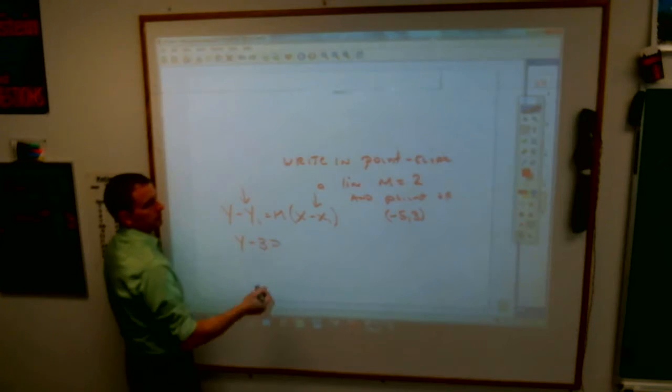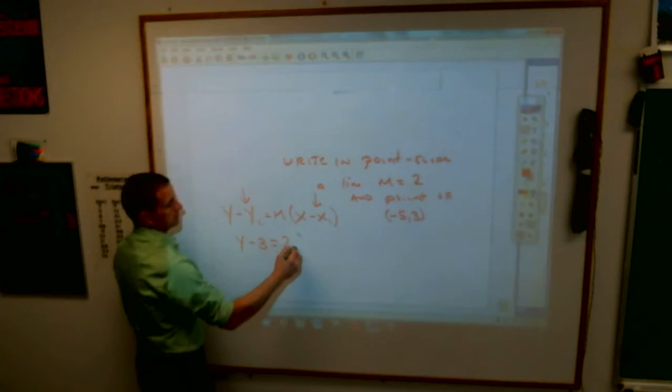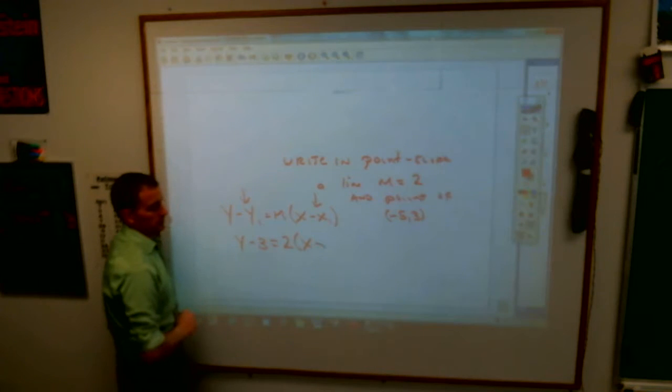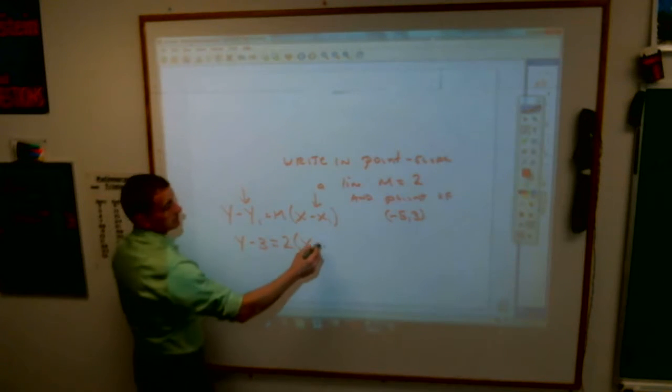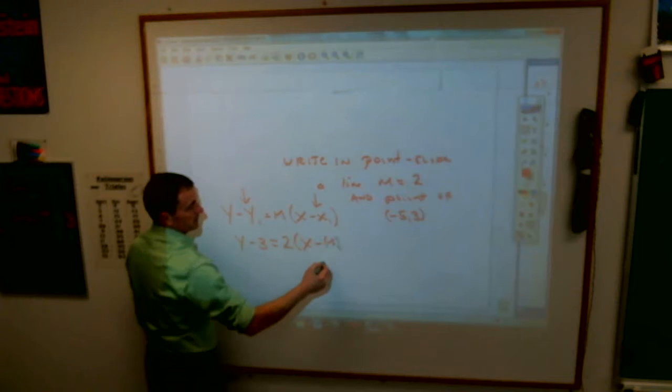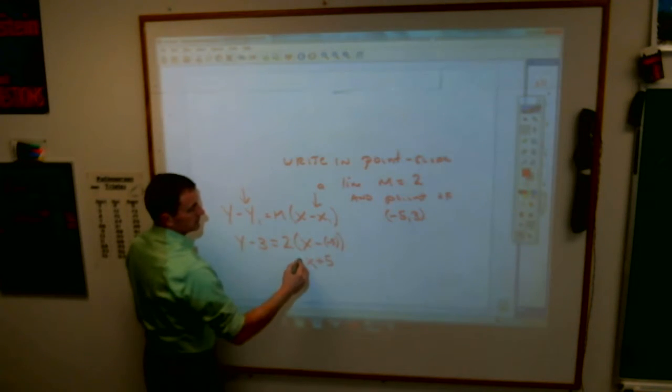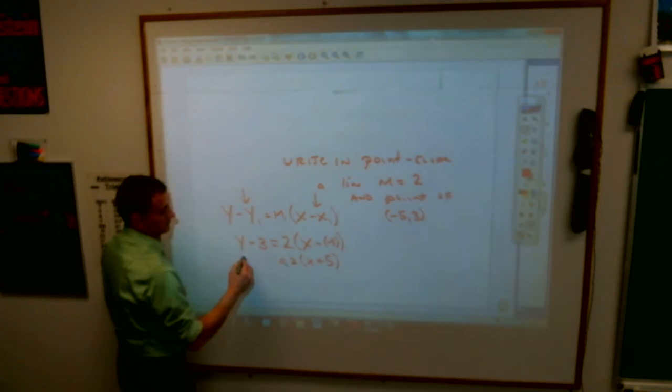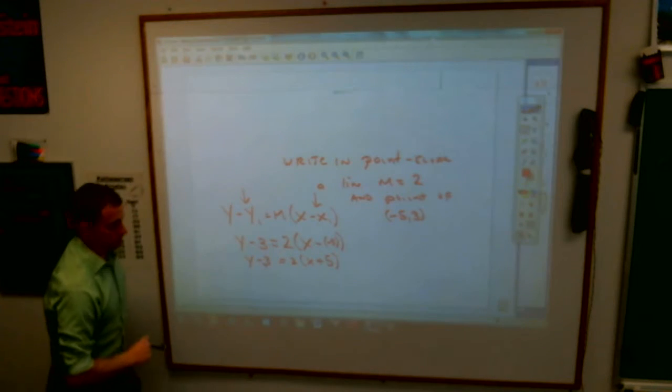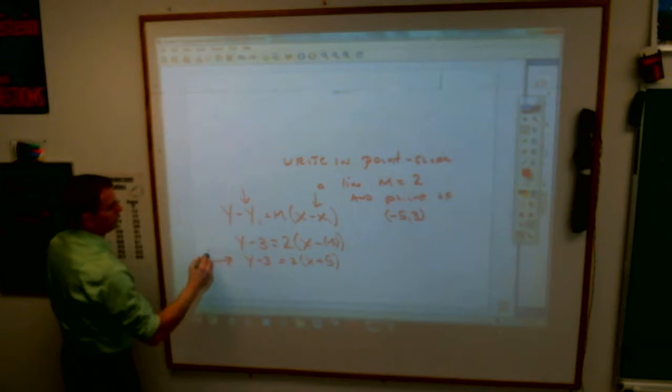Equals, what's my slope? 2. And what's my x sub 1? Right, it's a -5, so in the end this is going to turn to a +5. This is point slope form.